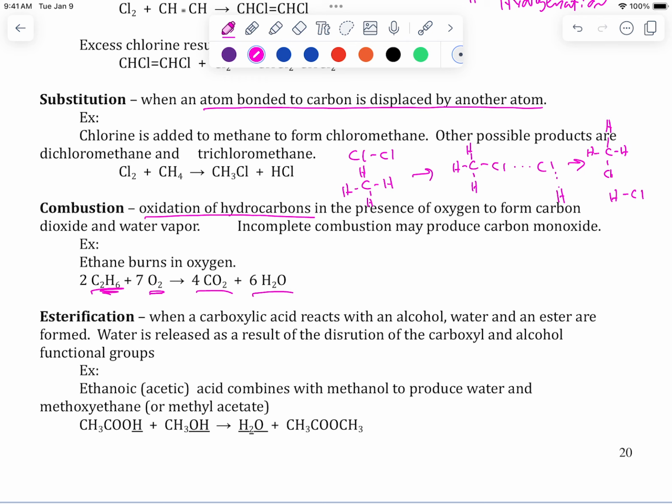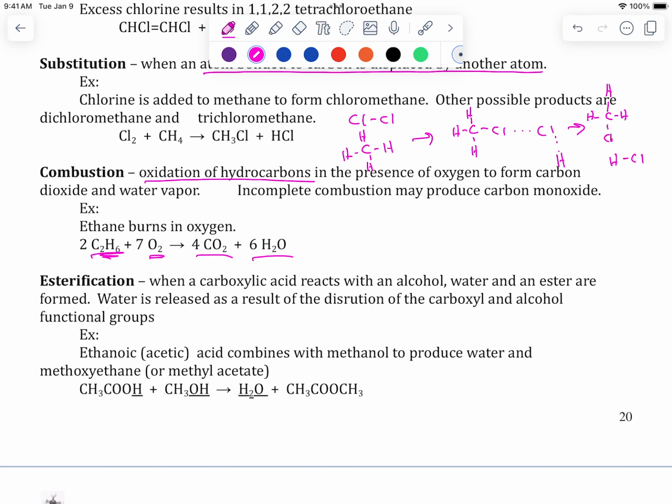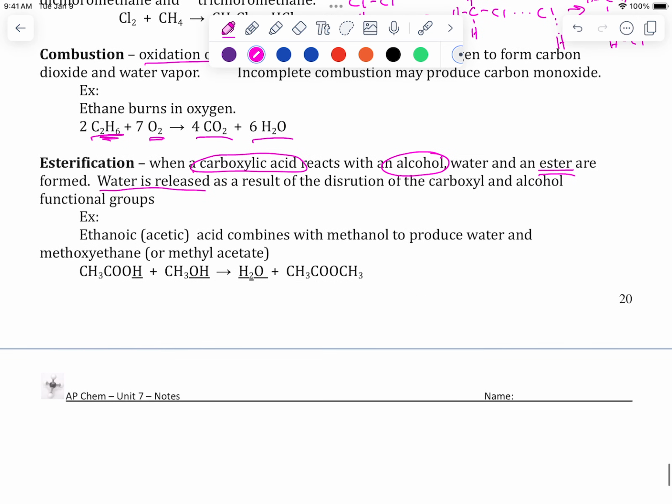Okay, so that's actually not new. Esterification, we talked about the other day. Esterification is when you have a carboxylic acid and an alcohol react. Then you form an ester. Water is also released. Water is your second product. So, when you see an organic acid like this one, this is the acid, you can tell it's the acid because it has the acidic hydrogen at the end of the carboxylic group right here.